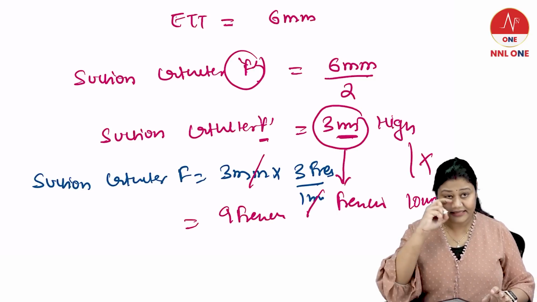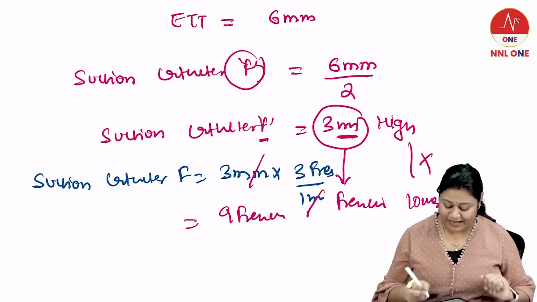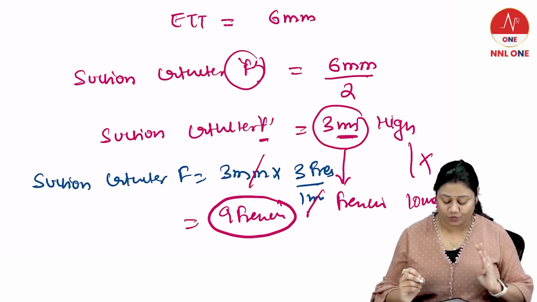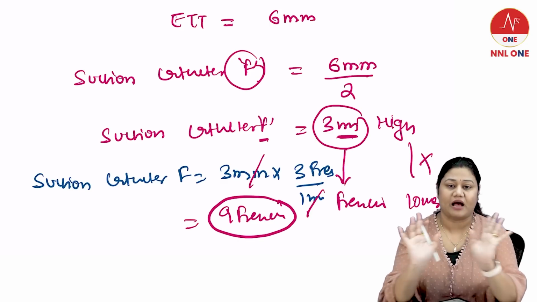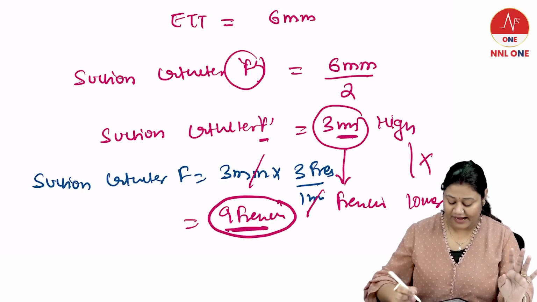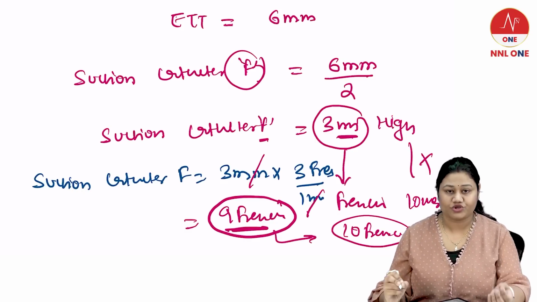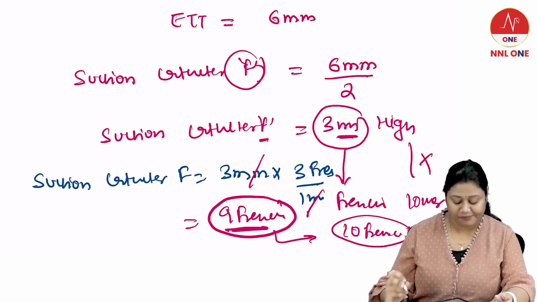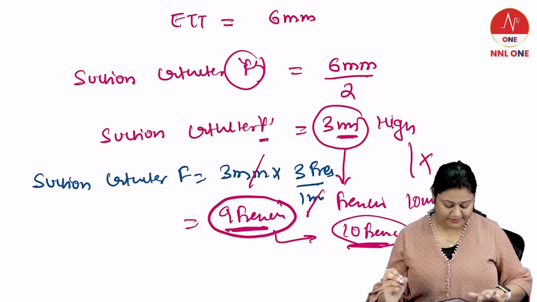So will it be a correct size? No. Wait, for the final answer you have to select one size up. So you have 9, you will select one size up, which means 10 French. Usually suction catheters are in even numbers, so 10 French will be the correct answer.